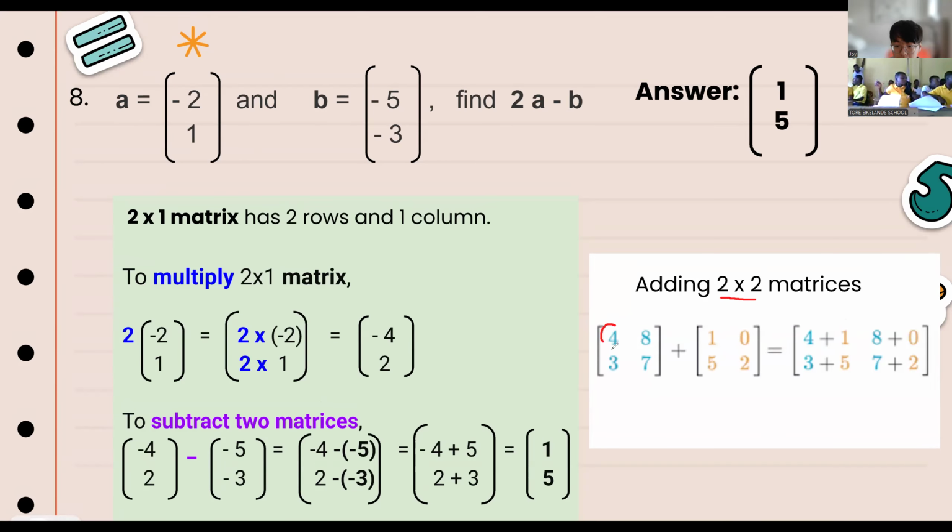If you add this matrix and this matrix, you add the first components together, and that becomes the first component of the new matrix, 4 plus 1. And then 8 plus 0, 3 plus 5, and 7 plus 2 for the last one. Okay, let's move on to the next question.